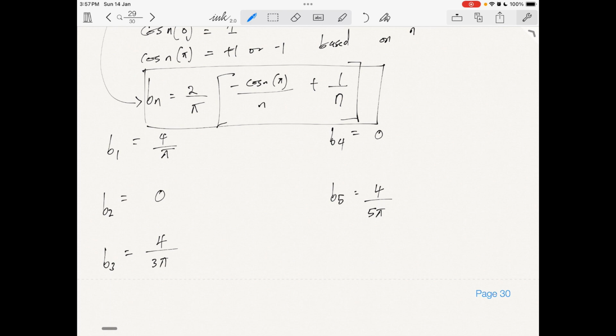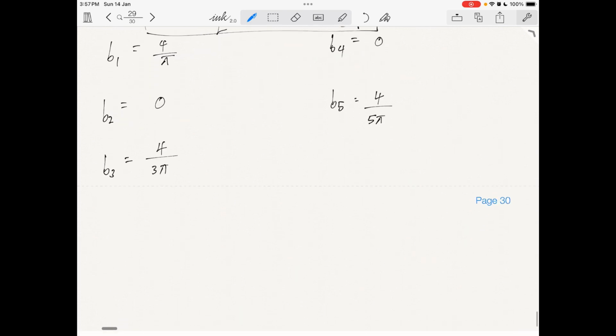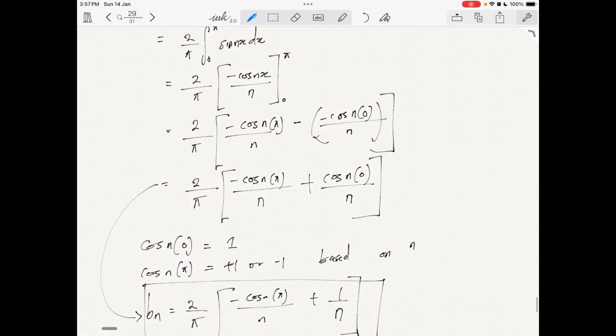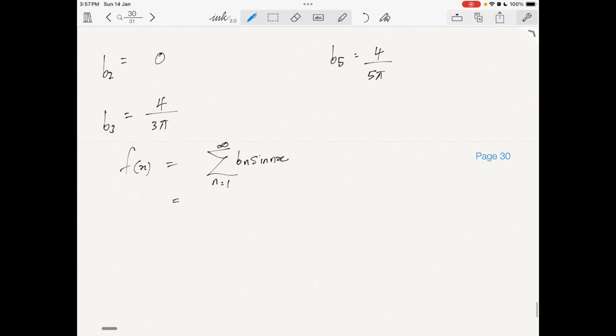Now, with this understanding, we can recall that f of x is equal to the summation from n equals 1 to infinity of Bn sine nx, and we can write it further to give us B1 sine x plus B2 sine 2x plus B3 sine 3x plus B4 sine 4x plus B5 sine 5x, and it continues.